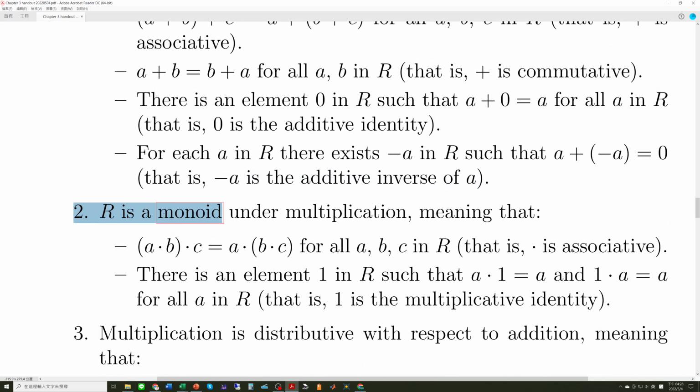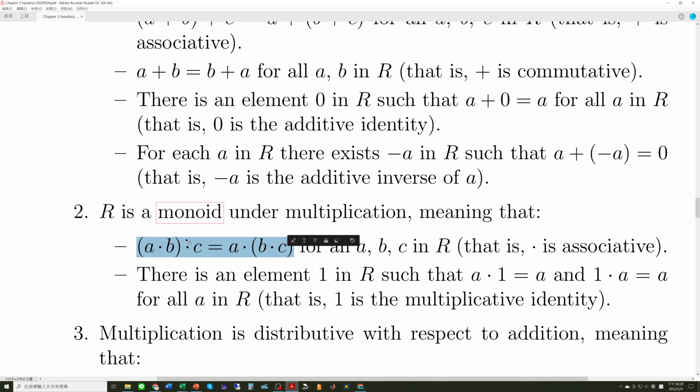Second, R is a monoid. We will introduce what is a monoid later. Under multiplication, meaning that, first, (A dot B) dot C is equal to A dot (B dot C).